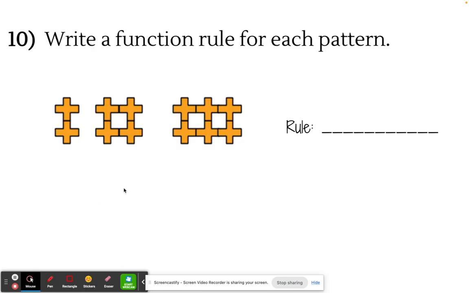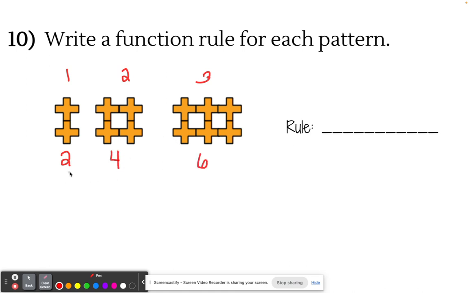We want to write a function for the pattern. What I would look at is how many of these little pluses do we have in each one of these. In my first sequence, when they don't tell you 1, 2, 3, or 4, or 0, 1, 2, 3, 4, always assume you're starting from 1. So that's my first picture, my second picture, my third picture. There are 2 pluses here. There are 4 here. There are 6 here.